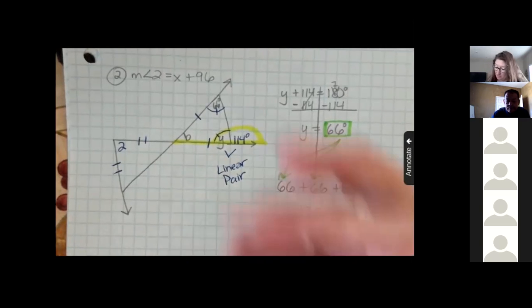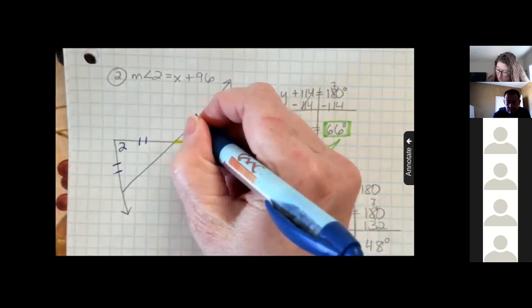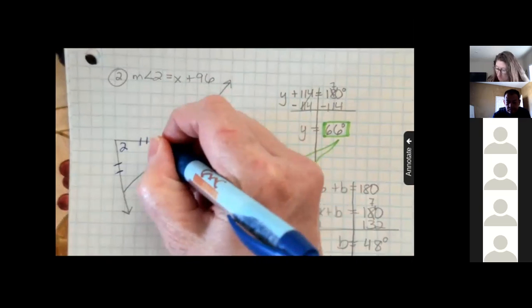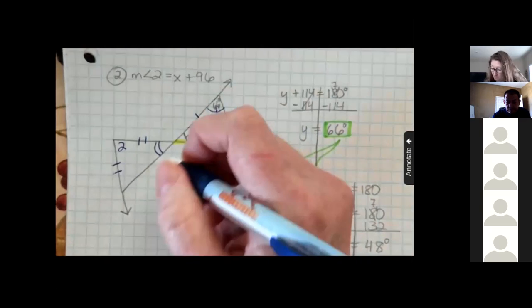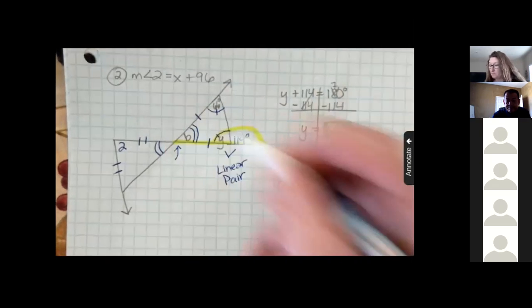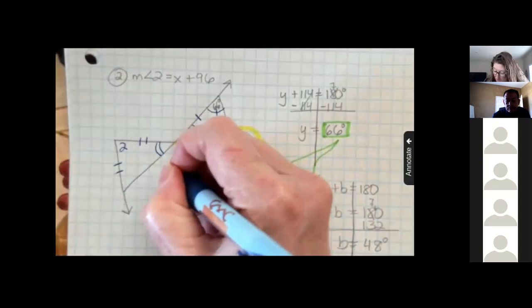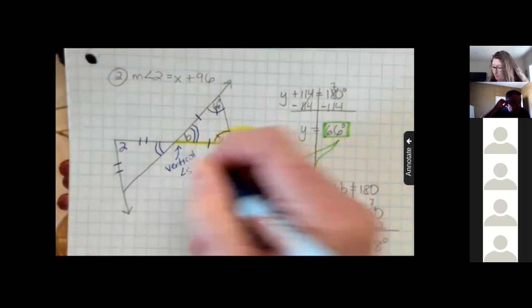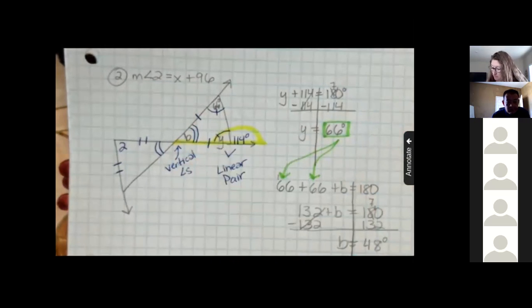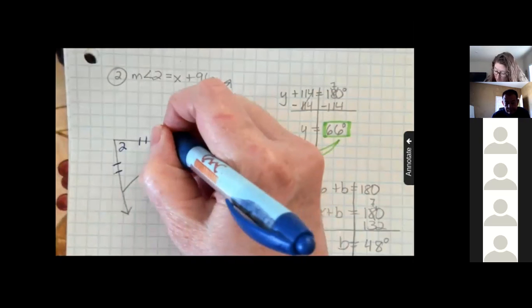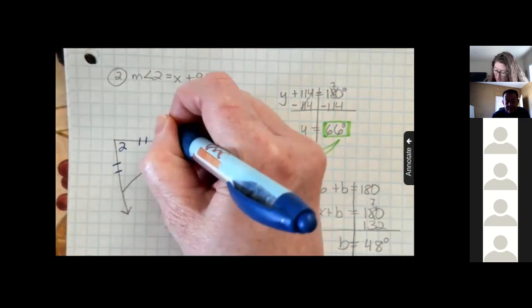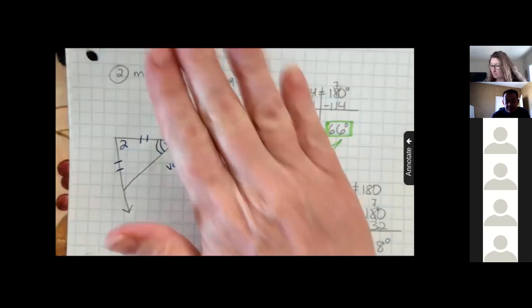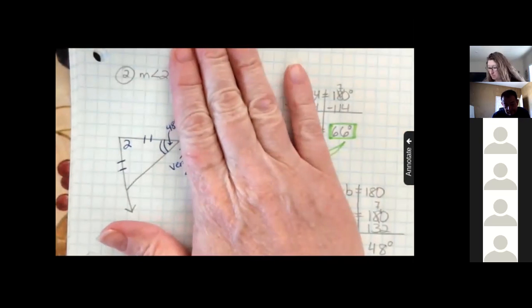Because these are what kind of angles? Vertical angles. Very good. These are vertical. So if B is 48 degrees, then this one is 48 degrees. And now, because they are vertical, they are congruent.